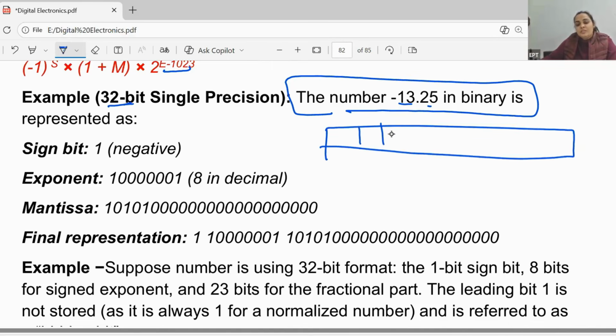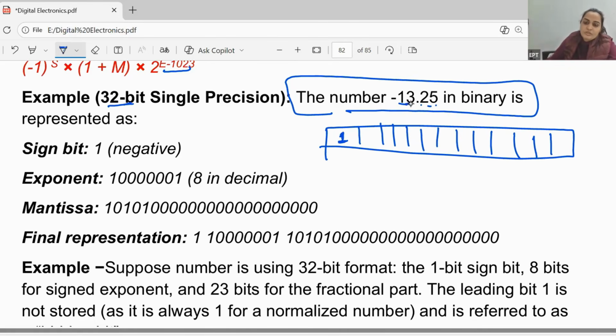Suppose these are the 32 bits. Here we have a negative sign, so I will put 1 here. First of all, I will write down 13.25 in binary form.